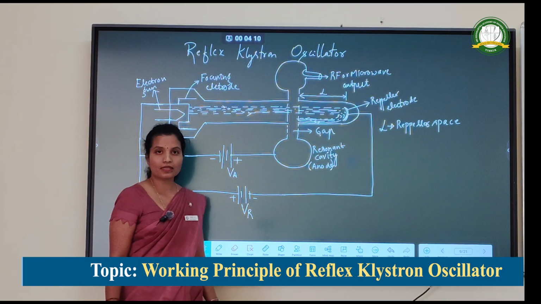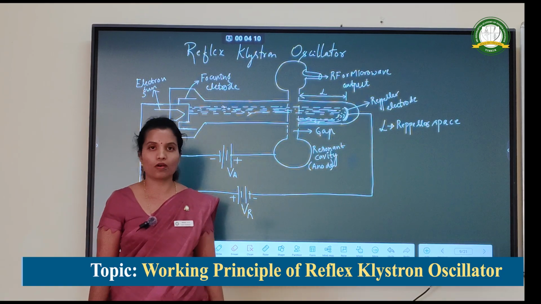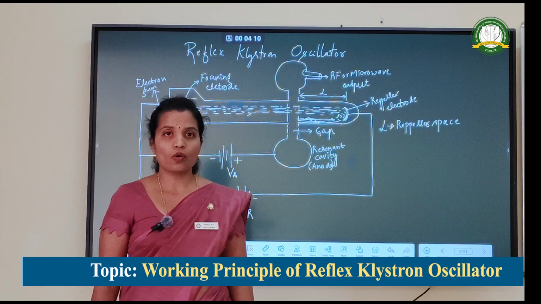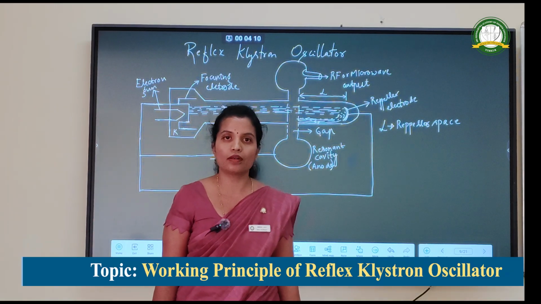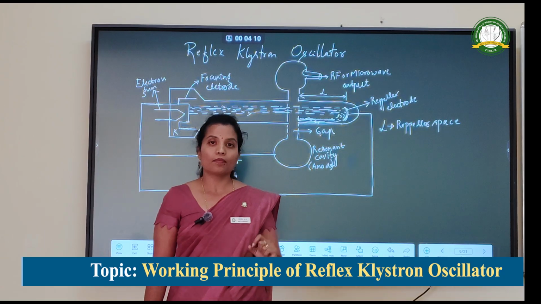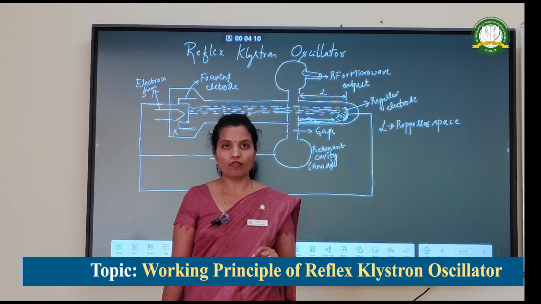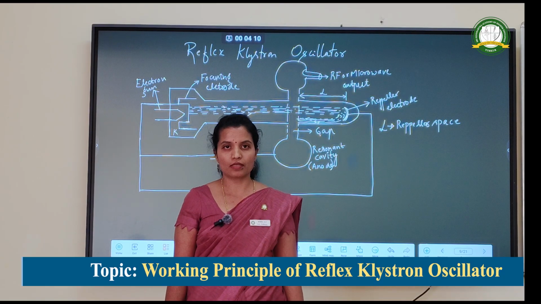So now let us understand how this reflex klystron oscillator will work. To understand the principle of operation of this reflex klystron, we need to understand the principle of operation of microwave vacuum tube devices.